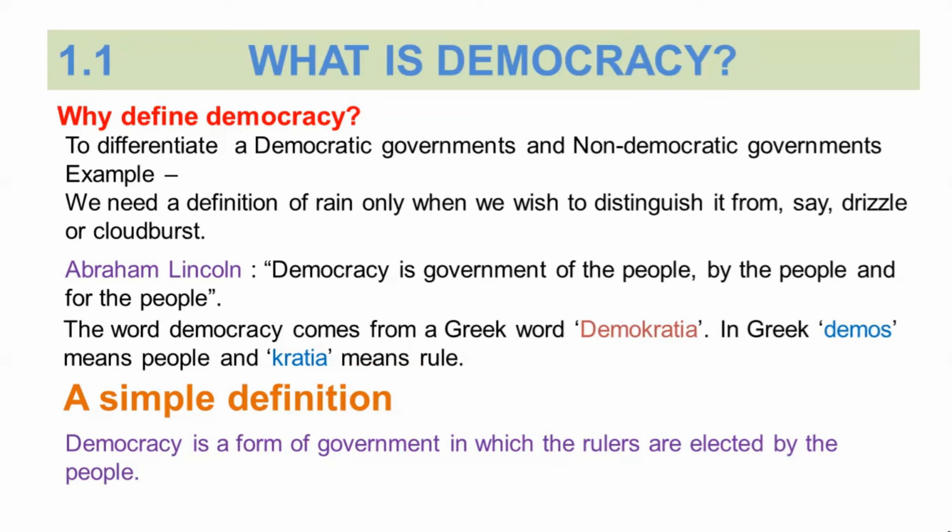That is why we need to carefully distinguish between a government that is a democracy and one that pretends to be one. We can do so by understanding each word in this definition carefully and spelling out the features of a democratic government. That's all in this video.